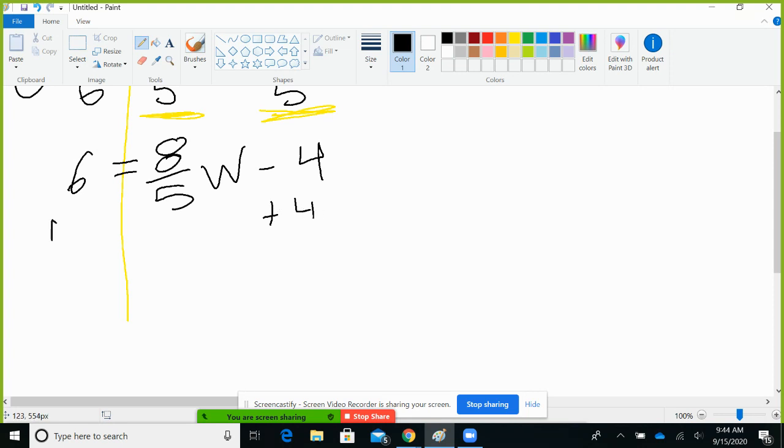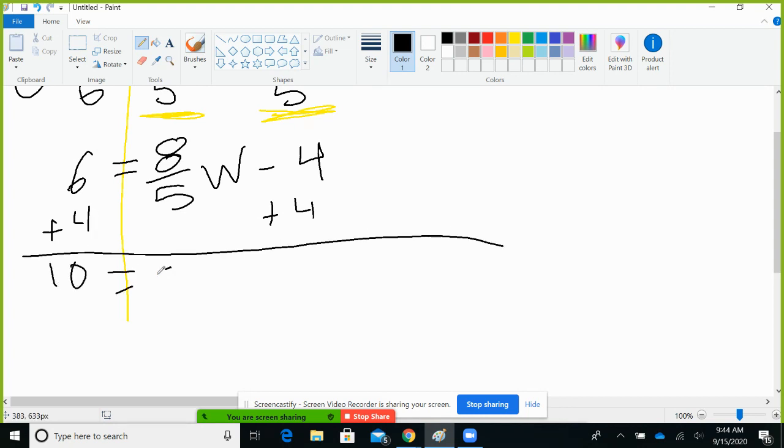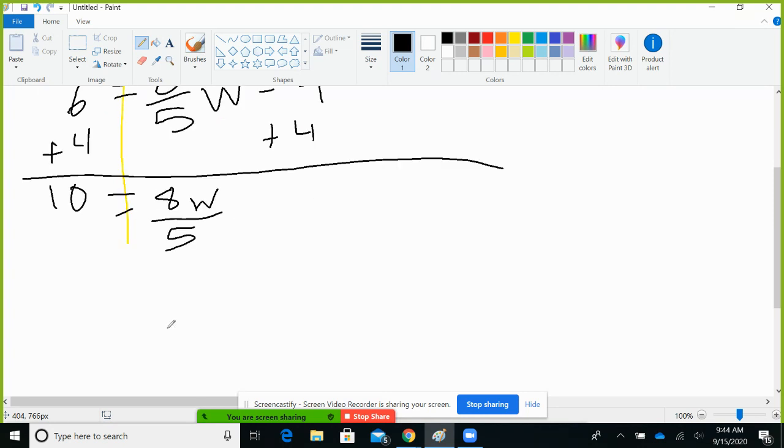Add 4 to both sides. Perfect. So I have 10 equals 8/5 W. This might help if I write it 8W over 5, 8 times W over 5. So you could do this next step 2 different ways, and it's up to you. How would you deal with it now?